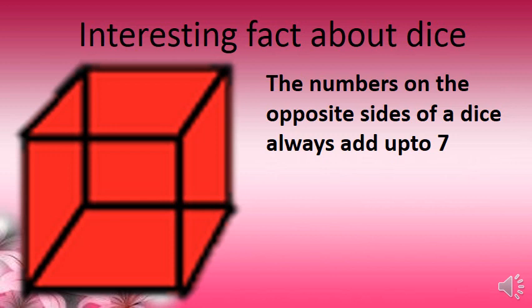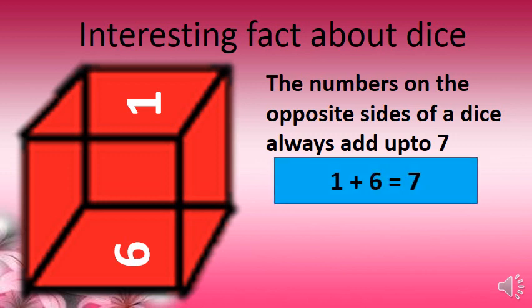Interesting fact about dice. Children, you know that a dice has 6 faces. The numbers on the opposite faces of a dice always add up to 7. Let's see. Here on this face we have 1 and on the opposite face we have 6. We know that 1 plus 6 equals 7.